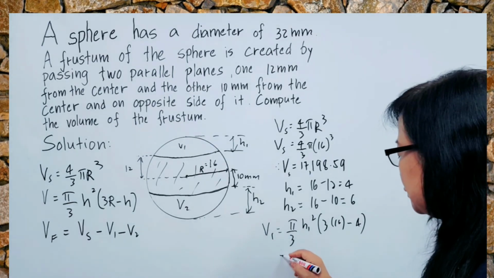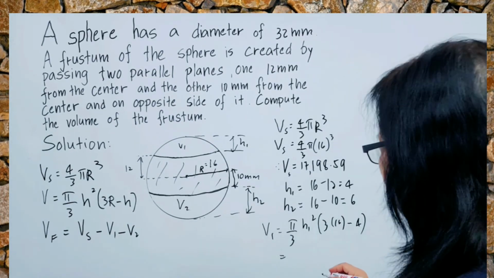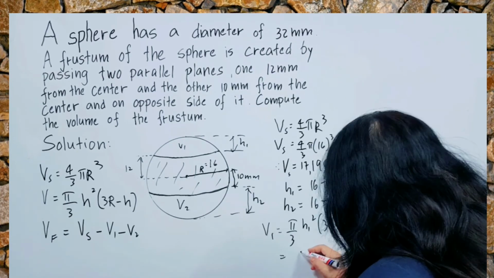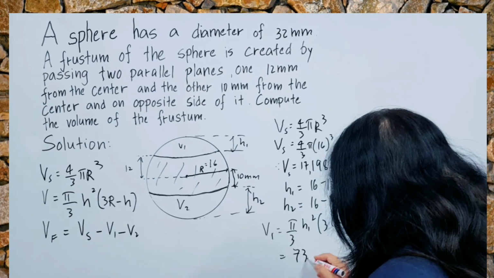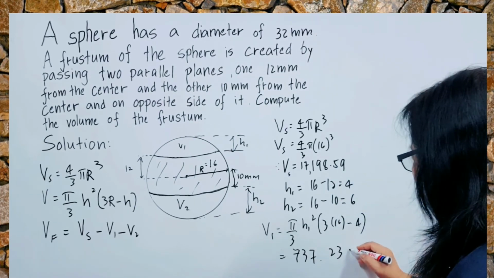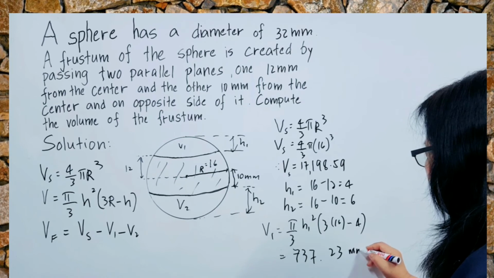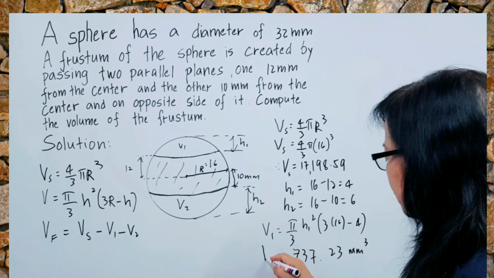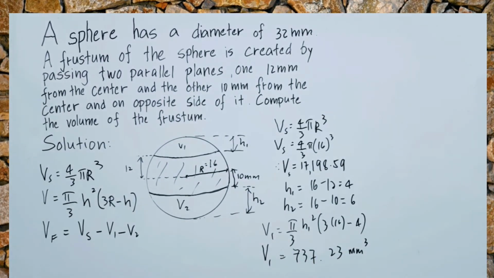Now, volume 1 therefore is equal to 737.23 mm cubed. This is the volume 1.